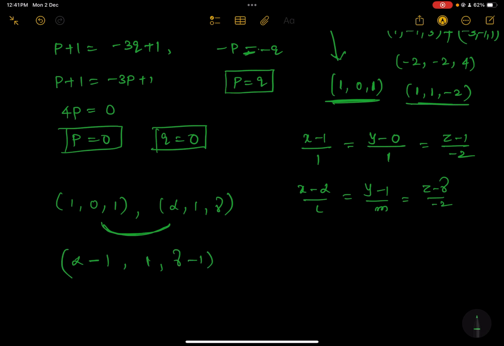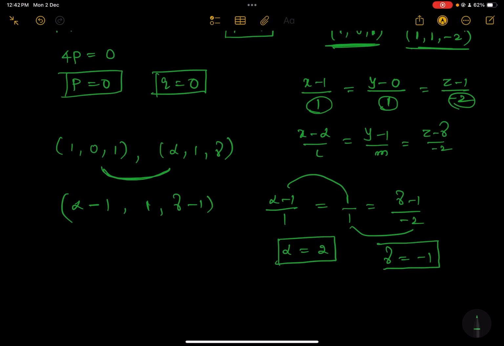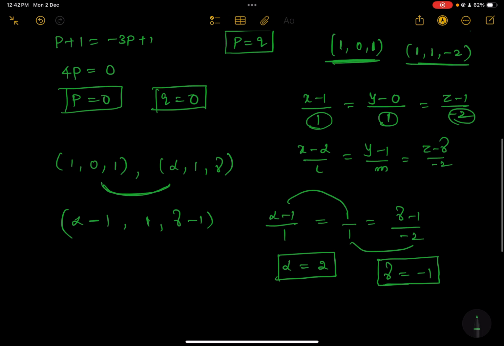These will be the DRs of the line. But we already know the DRs. So that is 1, 1 and minus 2. Therefore we can write (alpha minus 1) by 1 is equal to 1 by 1 is equal to (gamma minus 1) by minus 2. So from this, alpha is equal to 2, and gamma is equal to minus 1.